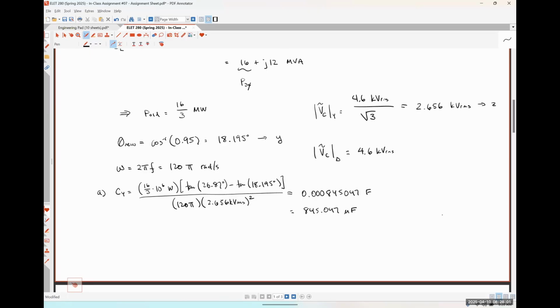So for C delta, it's going to be effectively the exact same thing. 16 thirds times 10 to the 6th watts, tangent 36.87 degrees minus the tangent of 18.195 degrees, all divided by 120 pi times 4.6 kilovolts RMS.